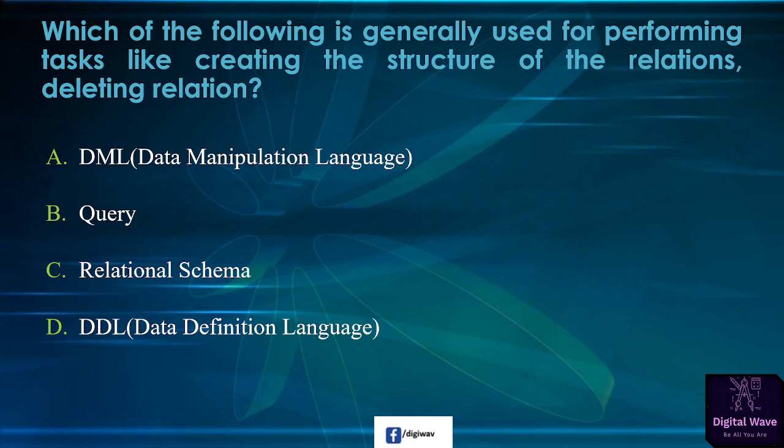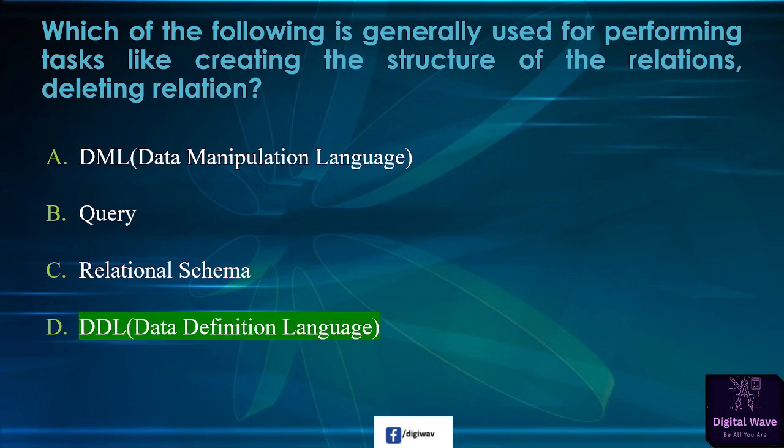First question is, which of the following is generally used for performing tasks like creating the structure of the relations, deleting relations? First option available here, DML, data manipulation language. Second option is query, third is relational schema, and fourth one is DDL, data definition language.